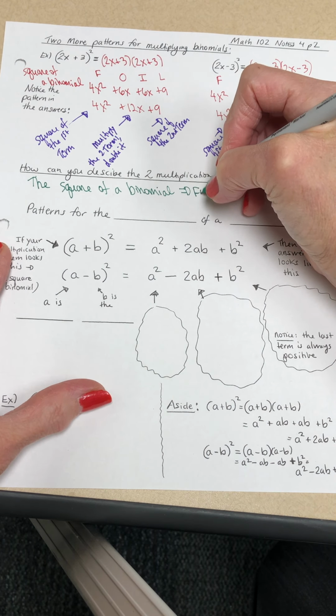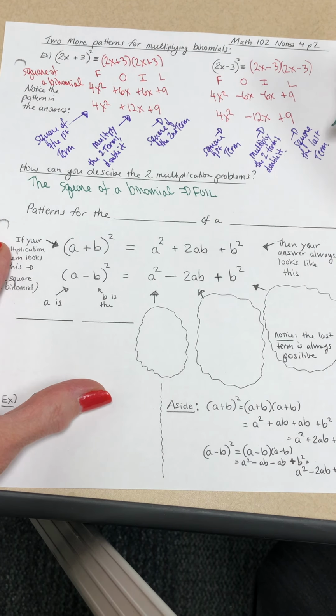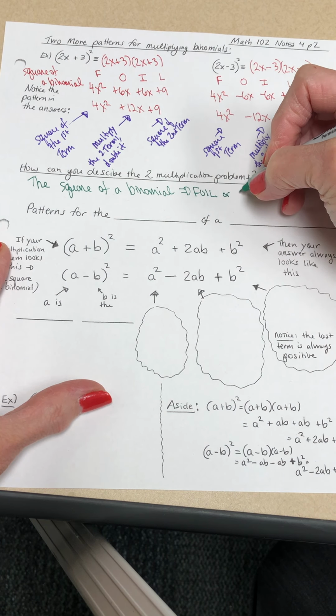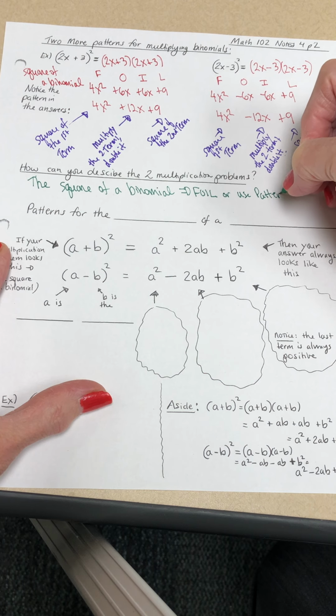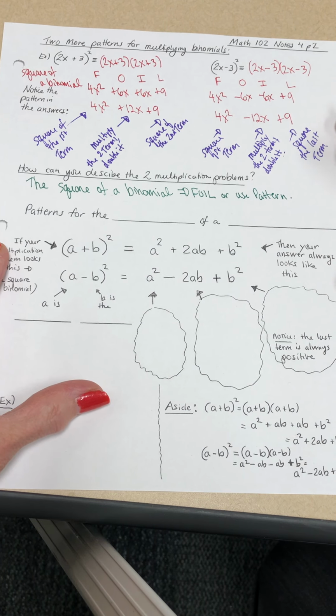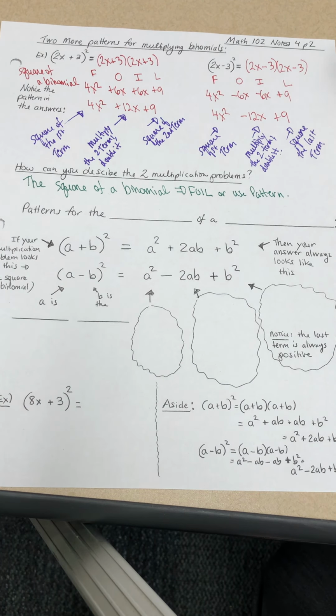You can use the slow way, which is FOIL, we just did it, or use the pattern, which we're about to get. Okay? And really one of the most common mistakes is students don't recognize or say to themselves, oh, this is the square of a binomial, because generally in class when I say, how do you square a binomial? Students will tell me, FOIL or use the pattern.